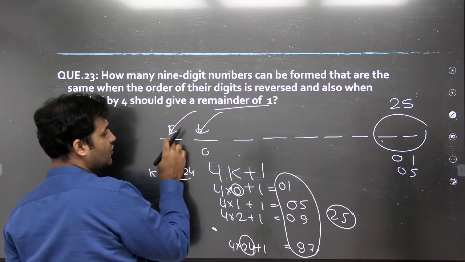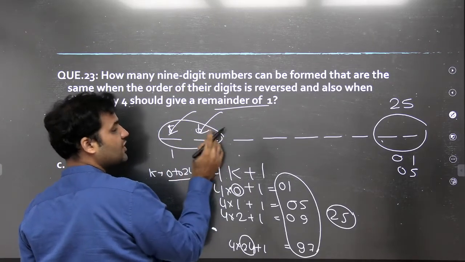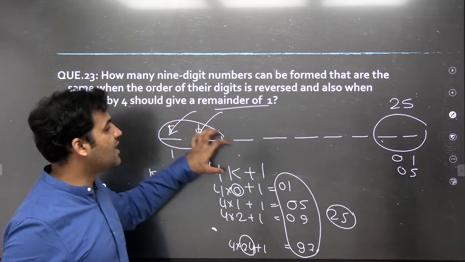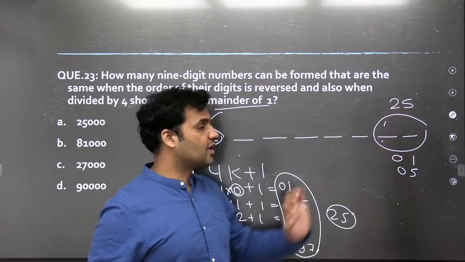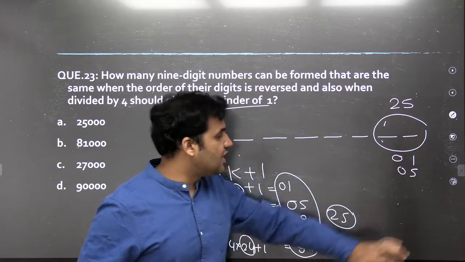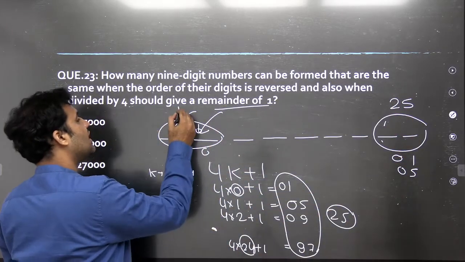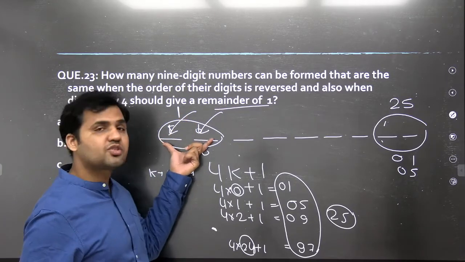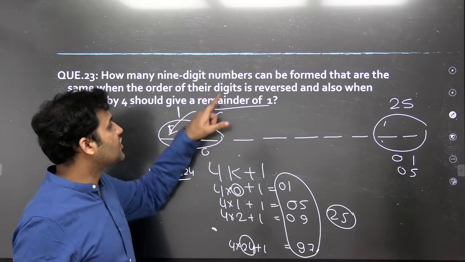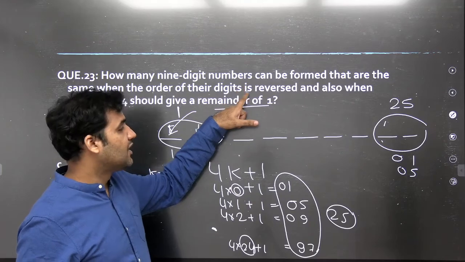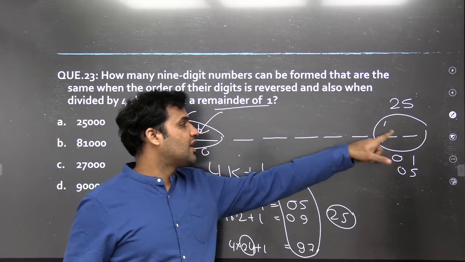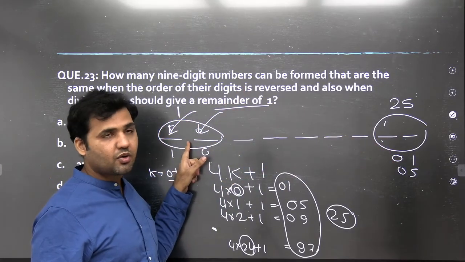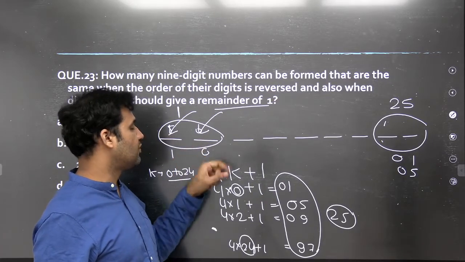So the first two digits will depend on what numbers you are placing over here. So if this place can be filled in 25 ways, this place can only be filled in one way. That means the first two digits can only be filled in one way, because I'm looking for palindromic numbers. Whatever digit is coming over here, the same digit is supposed to come over here. You don't have any choice for the first two places.